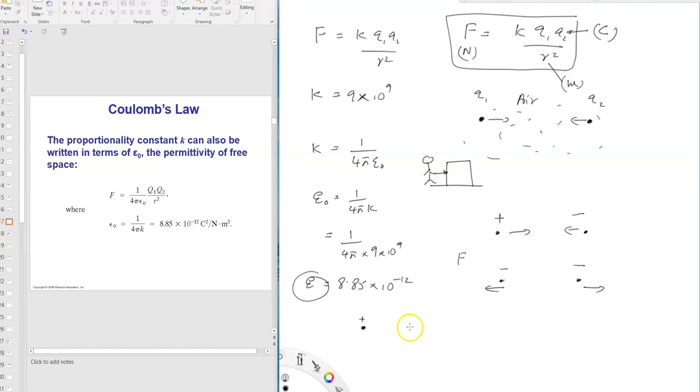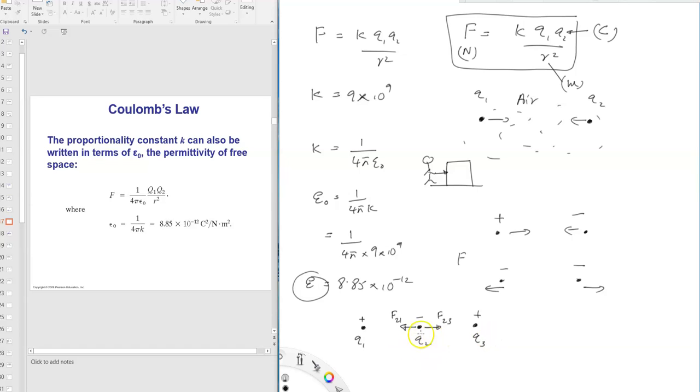Let's say positive, negative, and positive. And I ask you to find the force on the one in the middle. So there'll be a force on this negative charge pointing this way. If this is Q1, Q2, Q3, we can say this is F21 going this way, and there'll be a force on this side, which is F23.